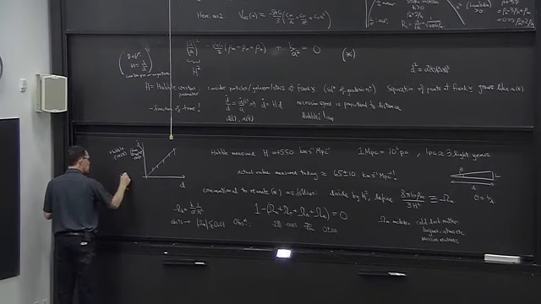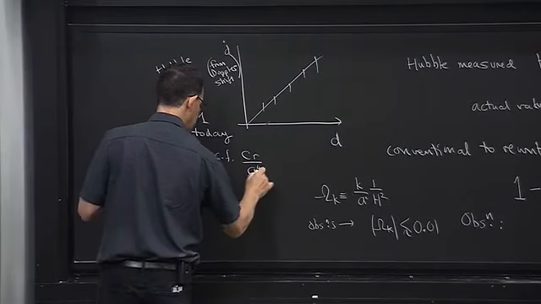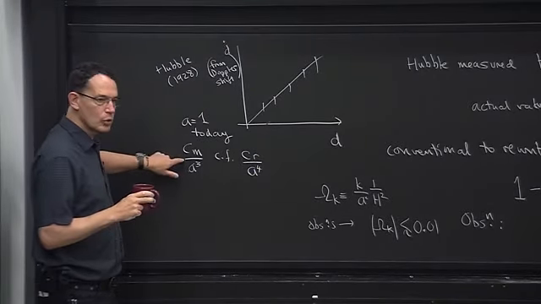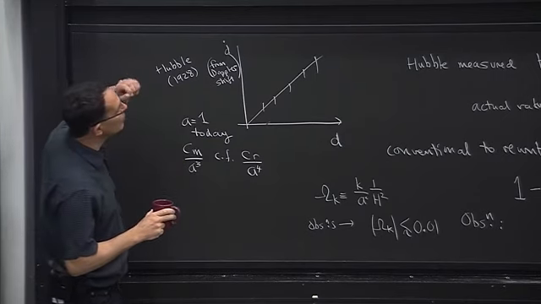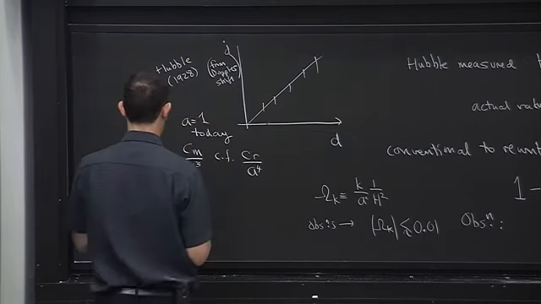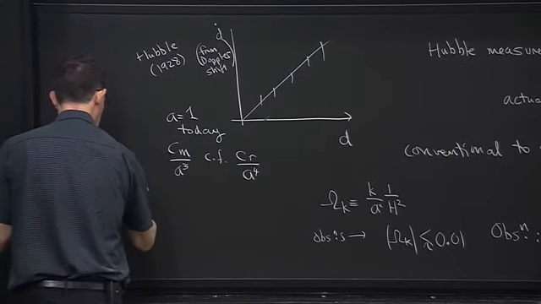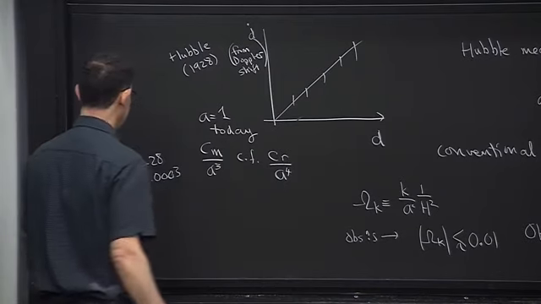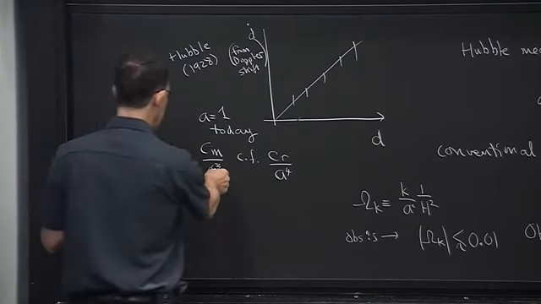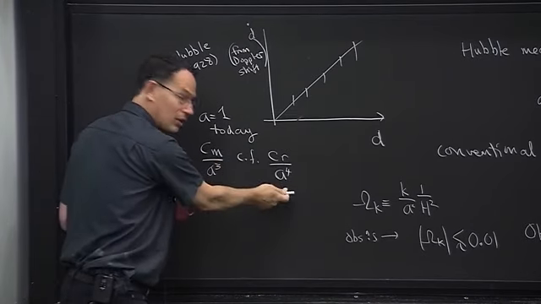So if a equals 1 today, Cm over a cubed compared to Cr over a to the 4th, well, if a equals 1, then Cm is 0.28, and Cr equals 0.0003. So we can predict. Today this is tiny.